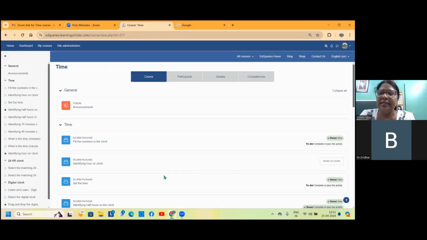Now, in any concept, when you're teaching a concept like money or a concept like time, the first and foremost thing is to familiarize the child with that item which we are going to teach. What are its parts? What are its components? Okay. So even in time, we started with the basics.